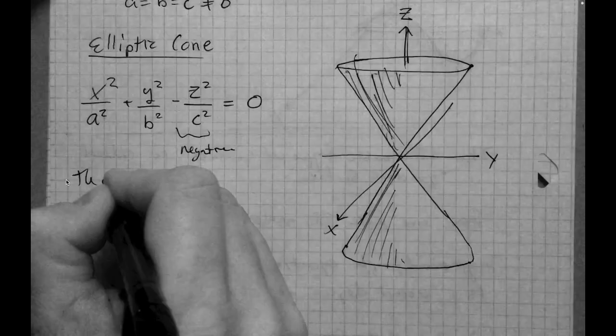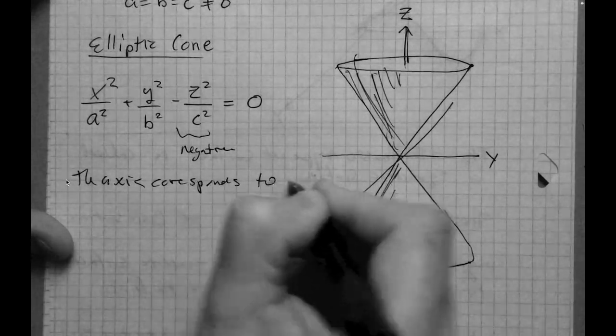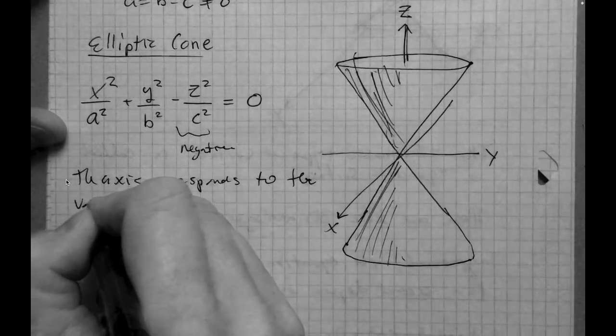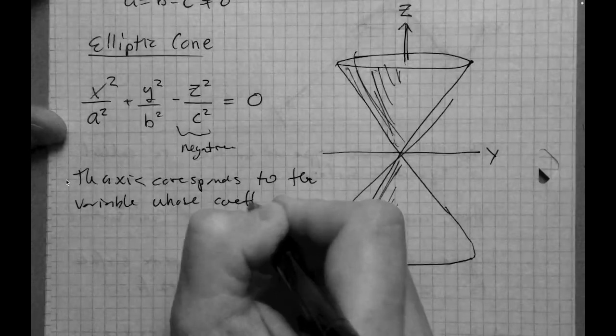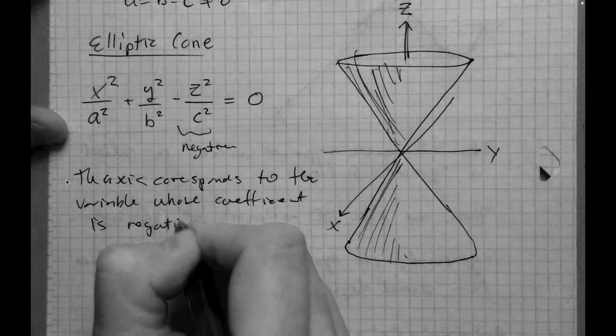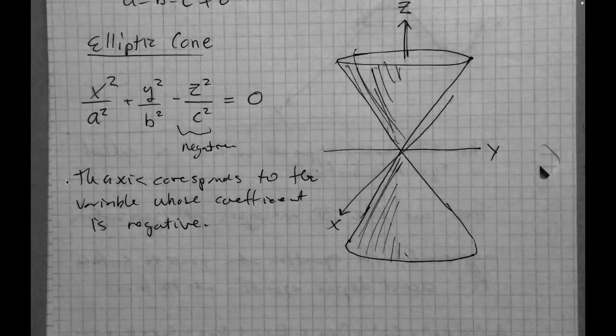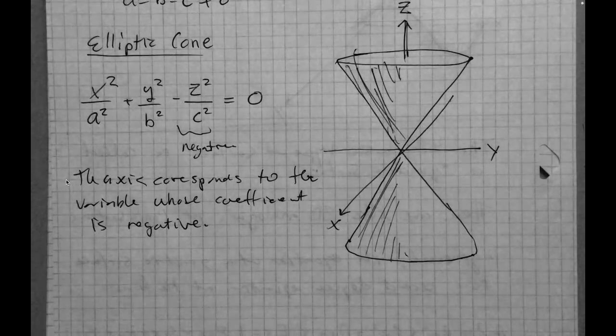Okay, so that's the elliptic cone. All right, we've all kind of seen this shape. This is not unfamiliar.